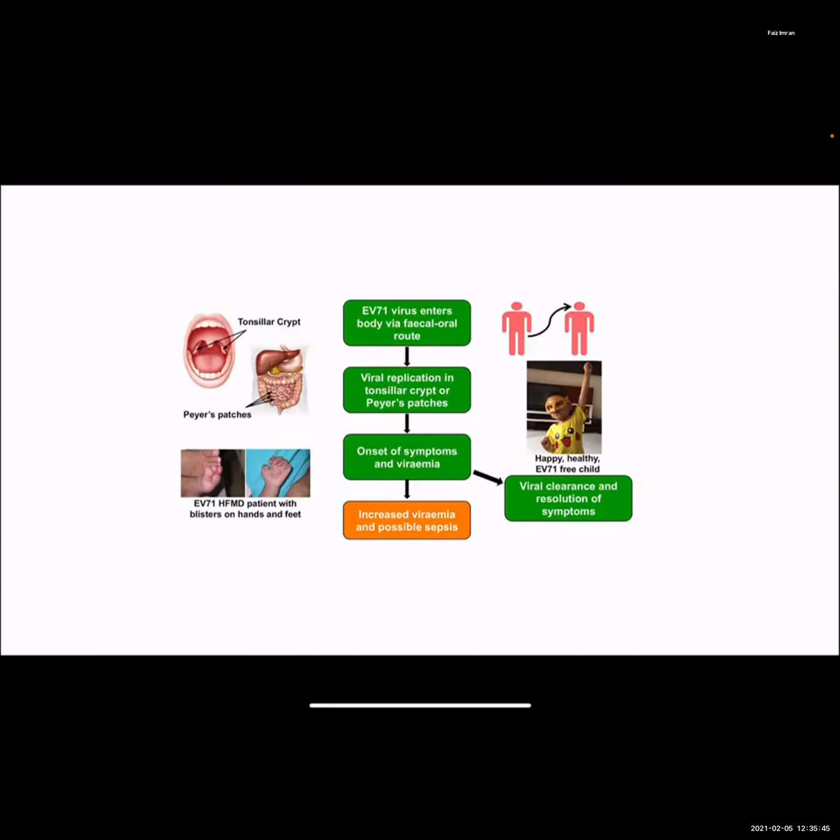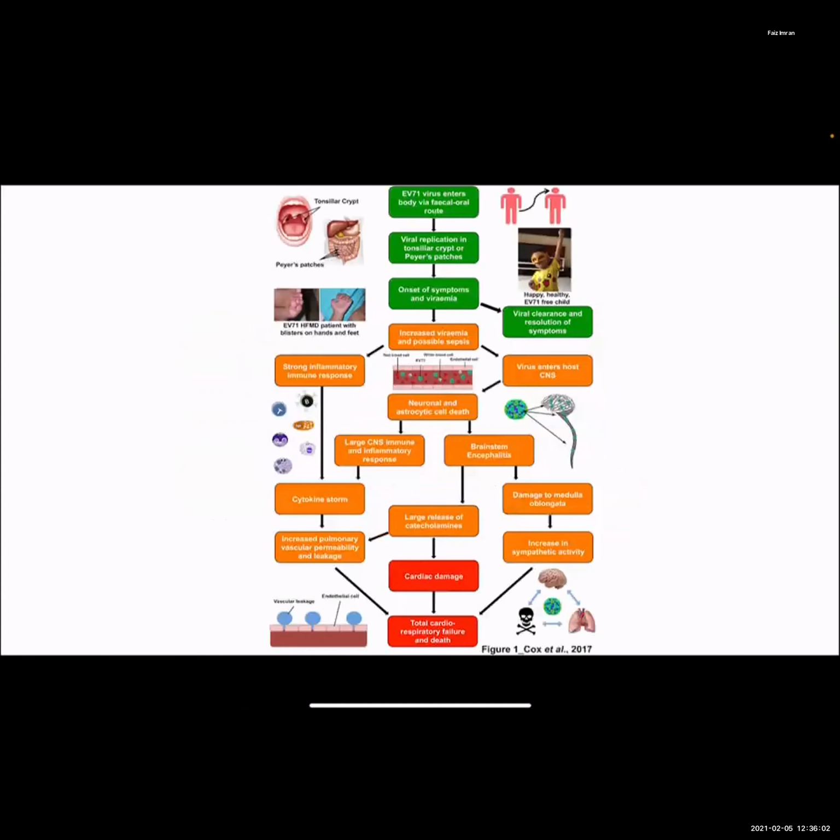And this is the pathophysiology, basically. You get infected, it goes to your lymphoid tissues, and you'll get viremia, which can result either in clearance or complications. This is a simplified one. This is the original one.